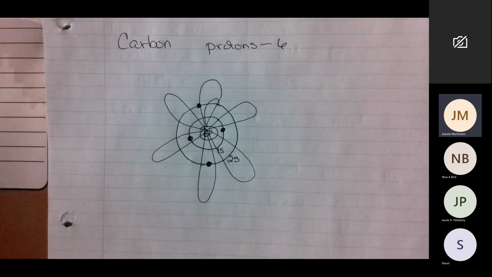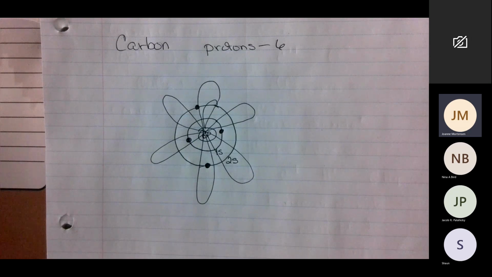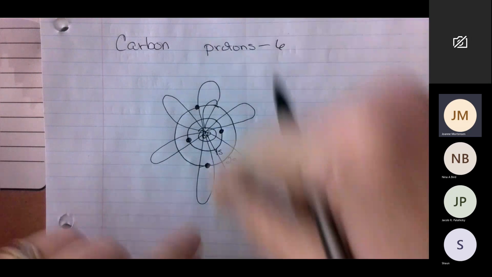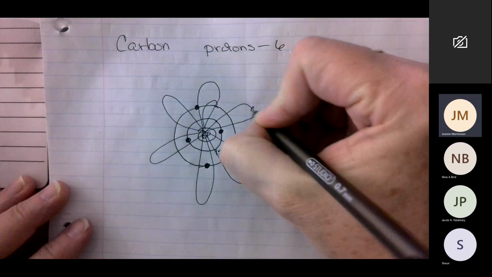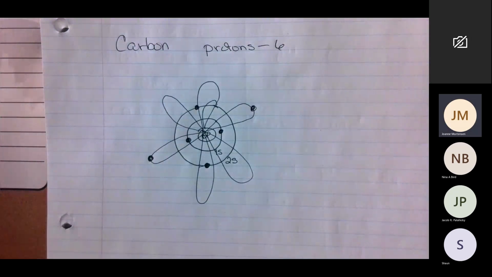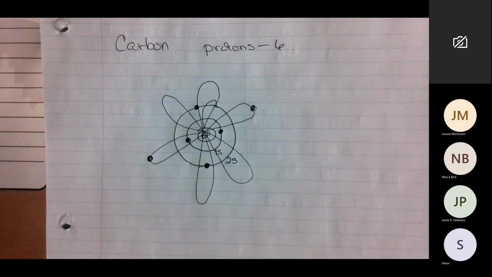Pretty drunk drawing. If I was doing it correctly, one of those would be coming out of the page. So it's along the x-axis, the y-axis, and out of the page. But we got 2 up here. 2 more electrons.